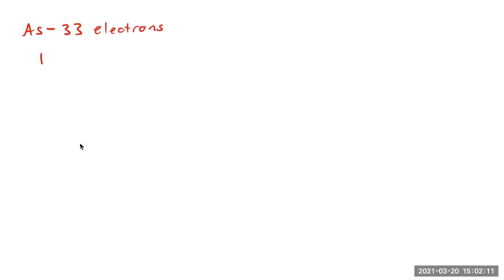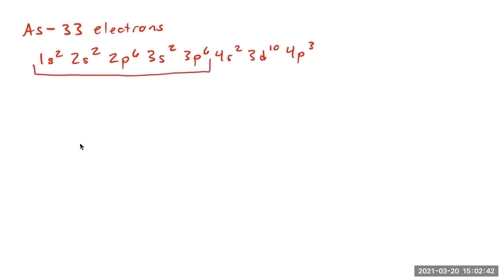So the full configuration for arsenic is 1s2, 2s2, 2p6, 3s2, 3p6, 4s2, 3d10, and then finally 4p3, which means our condensed configuration is where all of this equals argon. So it's argon, 4s2, 3d10, 4p3.